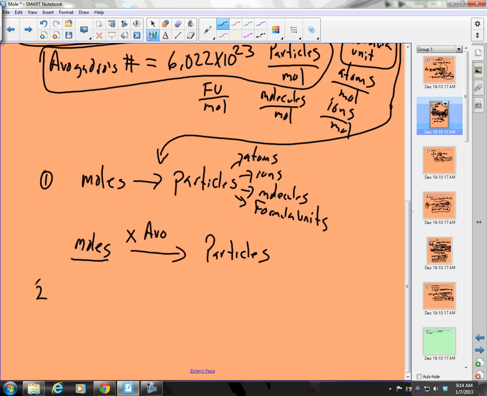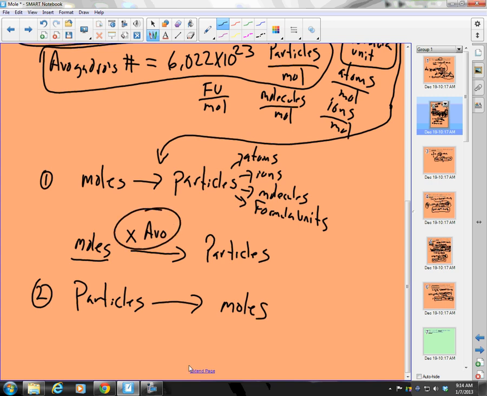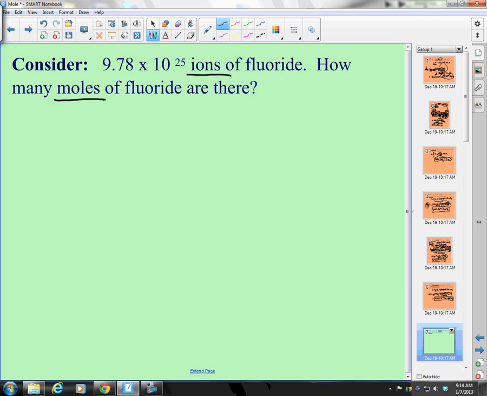So how am I going to go from particles to moles? If I go from moles to particles by multiplying by Avogadro's number, how do you suppose I go from particles to moles? I'm going to divide by Avogadro's number. Okay, so that is the process.